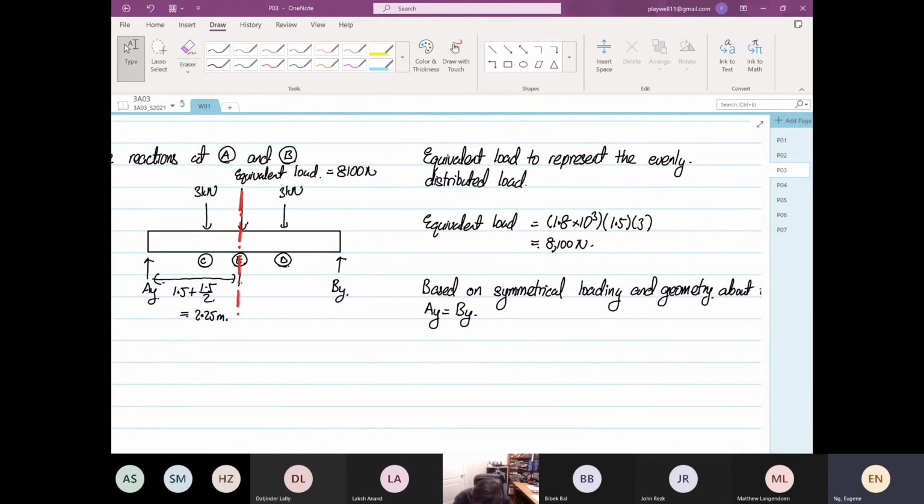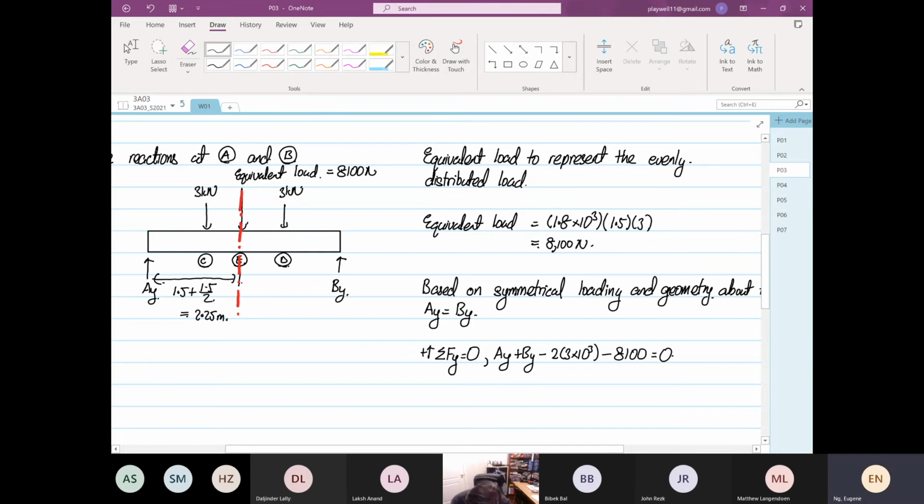In this context, you can just do positive using static analysis. So AY plus BY minus twice 3 times 10 to the power 3 minus 8100 is equal to 0.